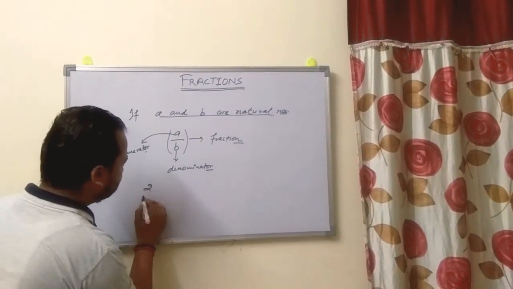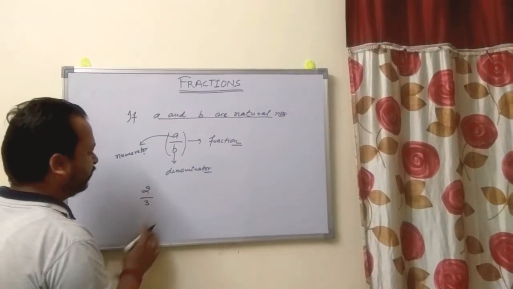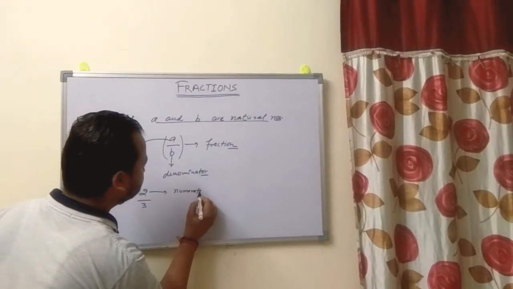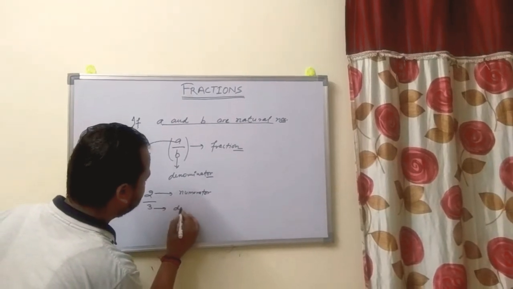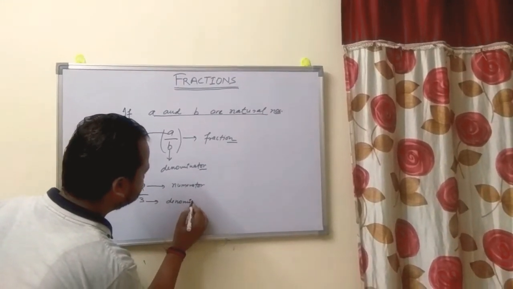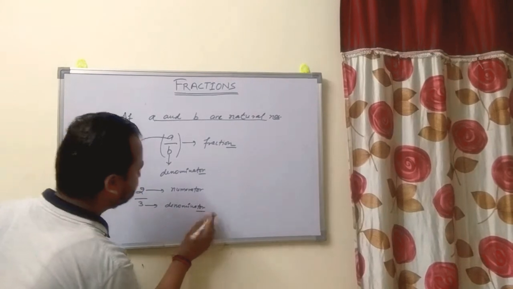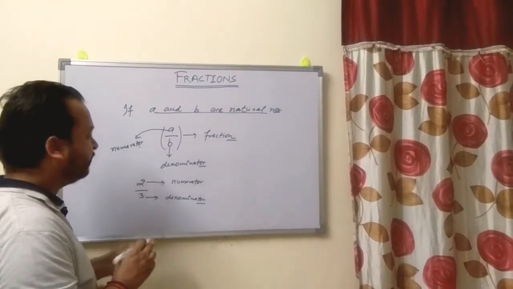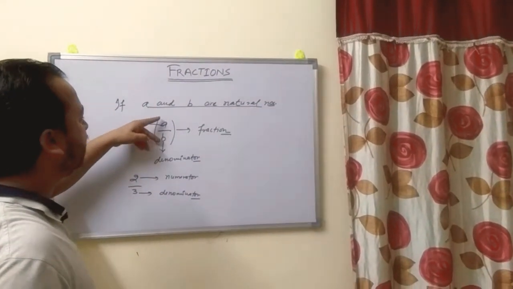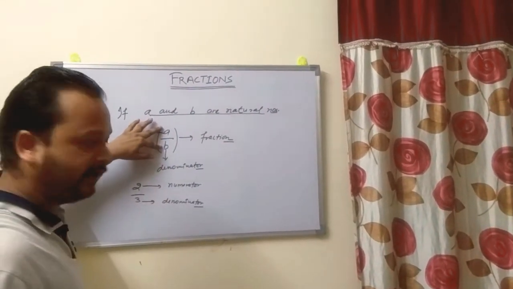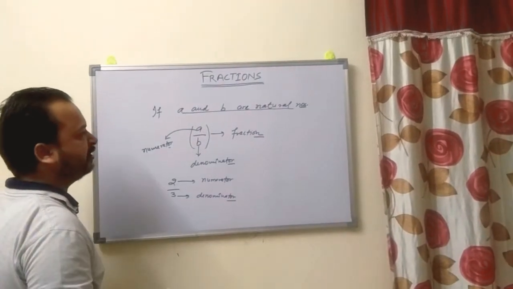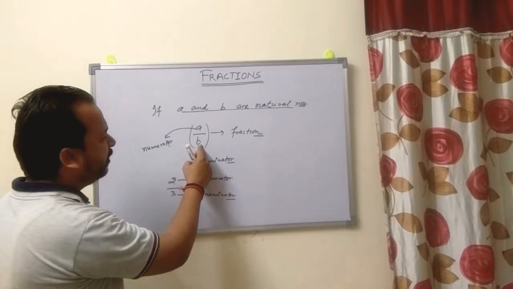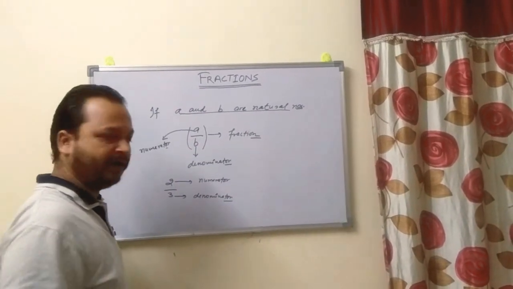Suppose it is written as 2 by 3. So 2 is the numerator and 3 is the denominator. Any two natural numbers which can be written in the form of A by B are known as a fraction. The upper part is known as numerator, the lower part or the base part is known as denominator.